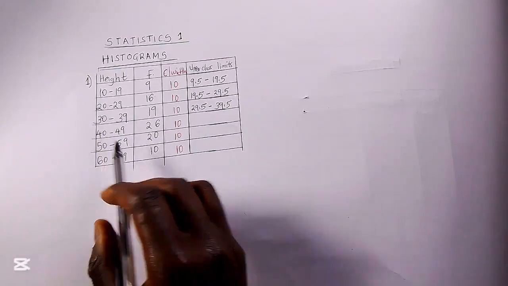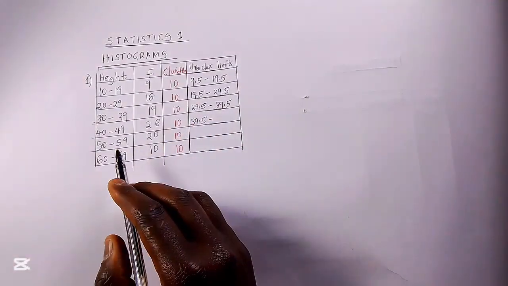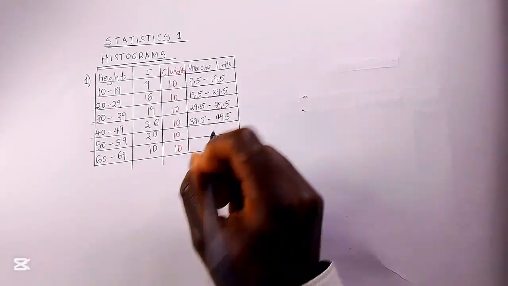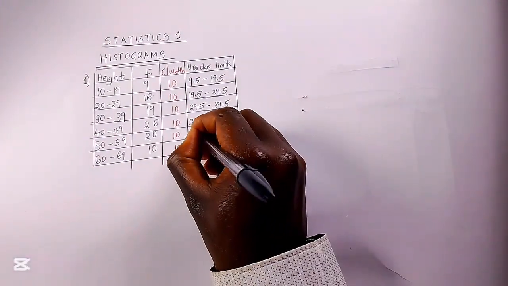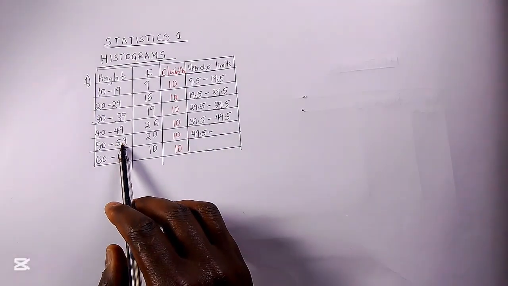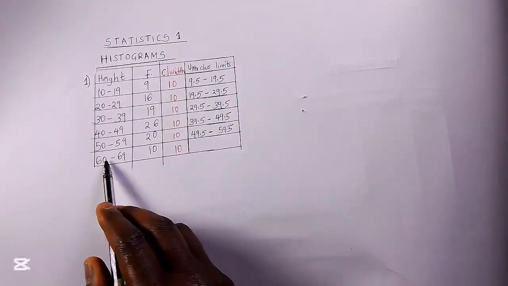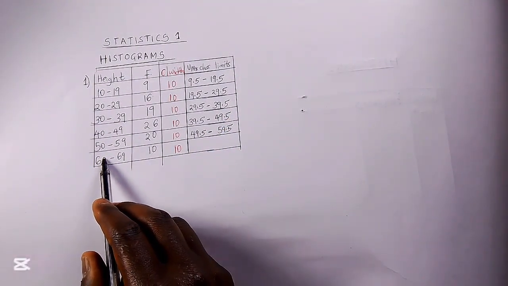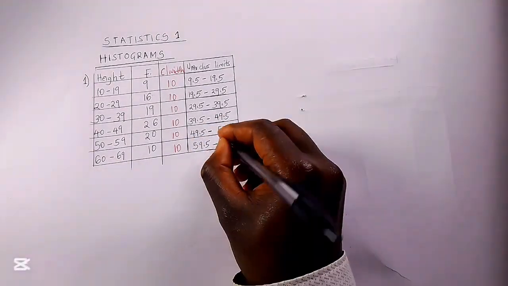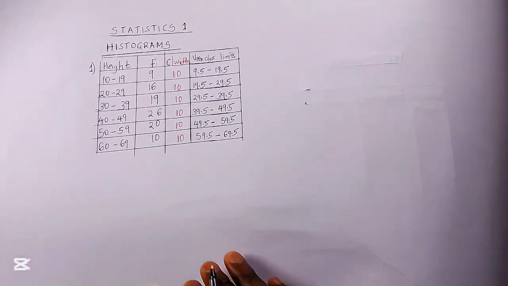The lower boundary of 40 is 39.5, and the upper boundary of 49 is 49.5. The lower boundary of 50 is 49.5, and the upper boundary of 59 is 59.5. The lower boundary of 60 is 59.5, and the upper boundary of 69 is 69.5. So when we get that, our table is complete.